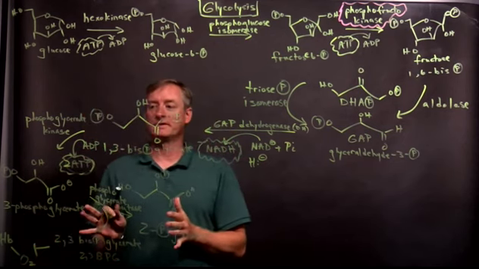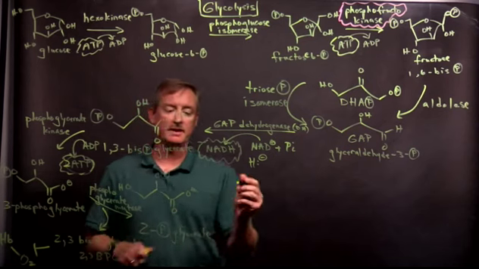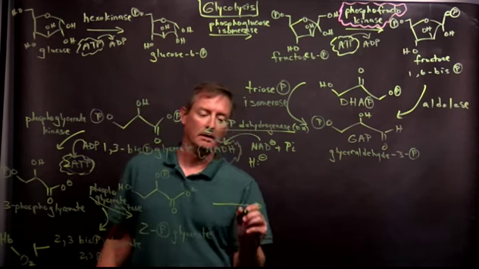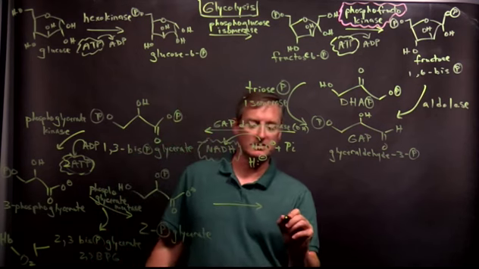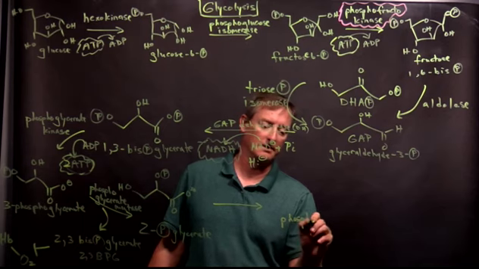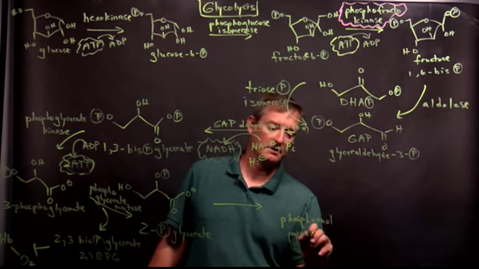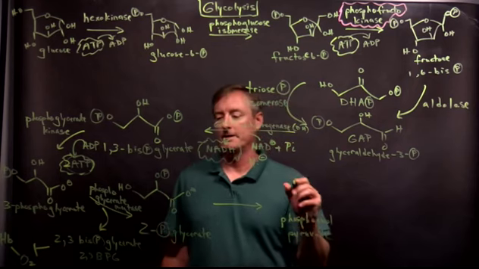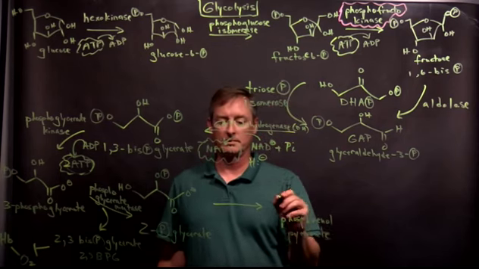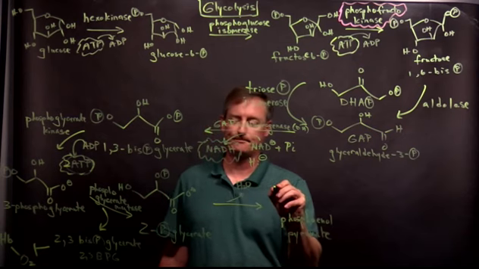Okay, we're almost done here, right? We've got 2-phosphoglycerate, which turns into a molecule of phosphoenolpyruvate. So we're almost at pyruvate. Okay, and we are losing a water as part of this reaction.